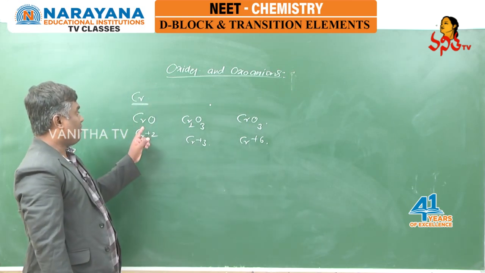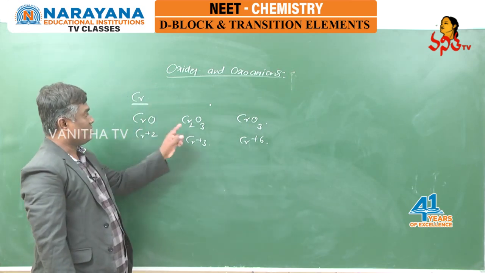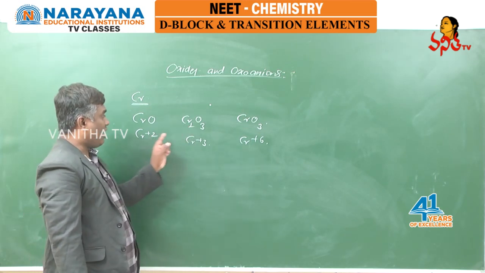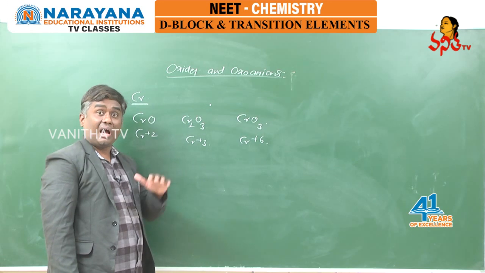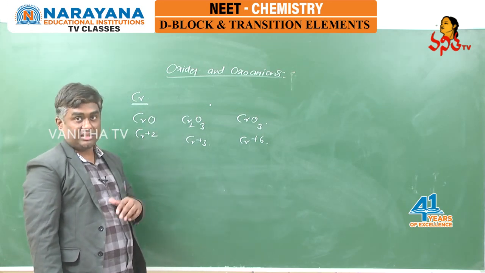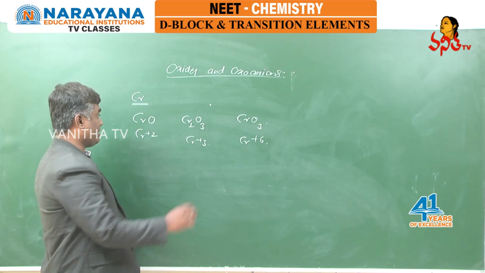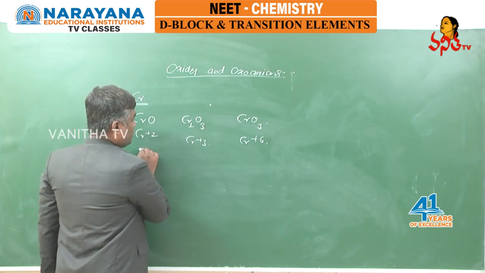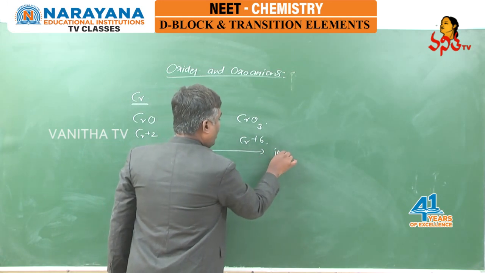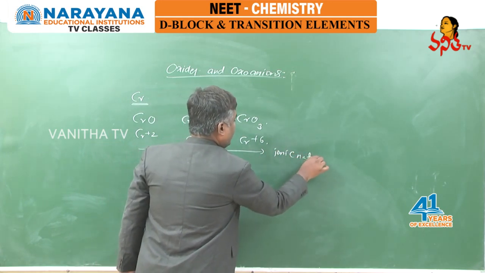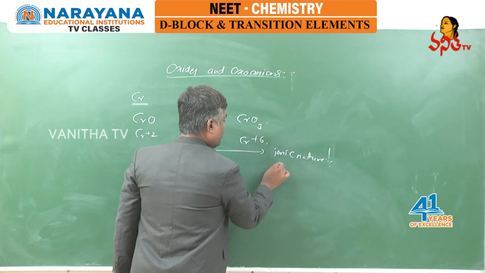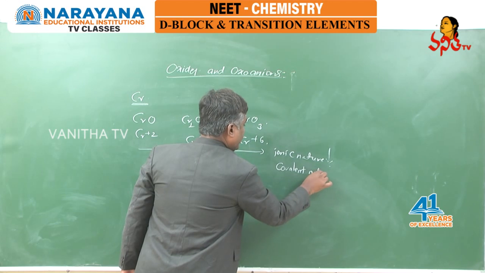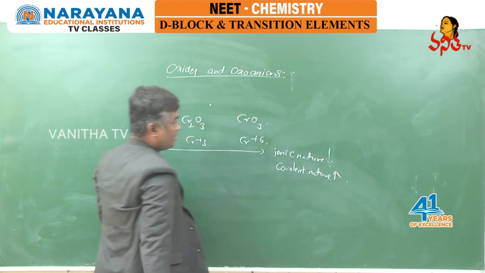And from CrO to Cr2O3 and from Cr2O3 to CrO3, as oxidation number is increasing, ionic nature gradually decreases and covalent nature gradually increases. So what we can say, from CrO up to CrO3, what is happening? Ionic nature is decreasing and covalent nature is increasing, students.